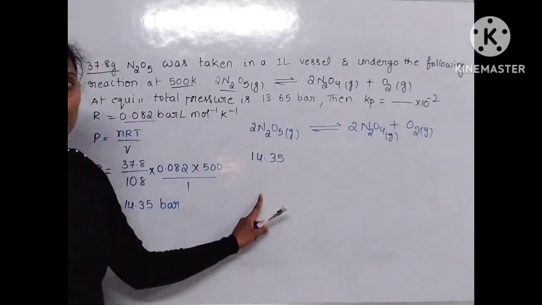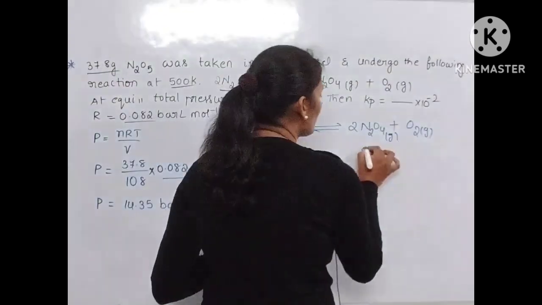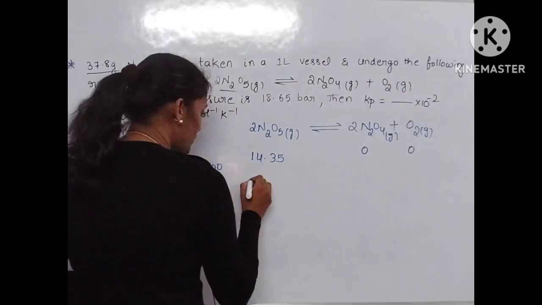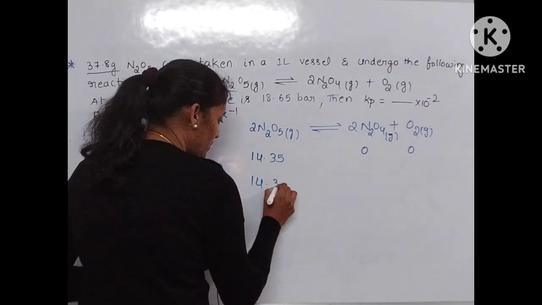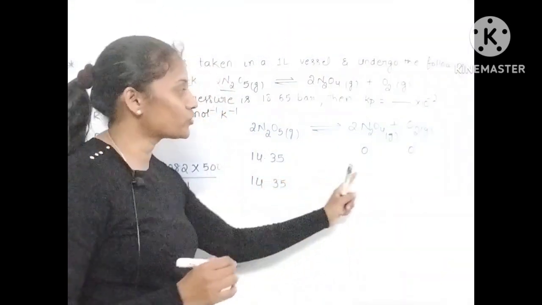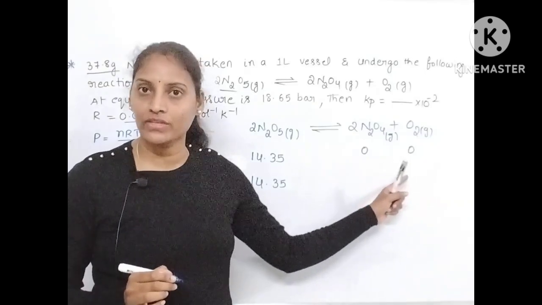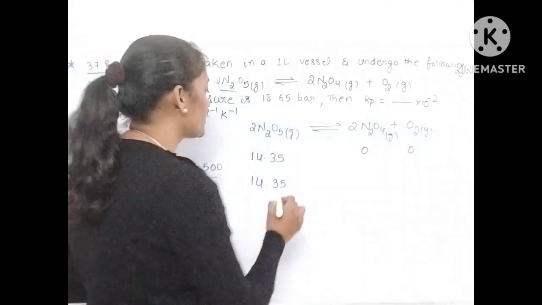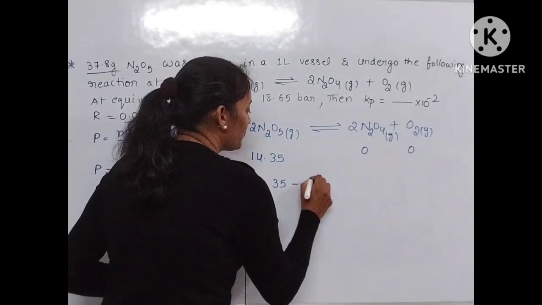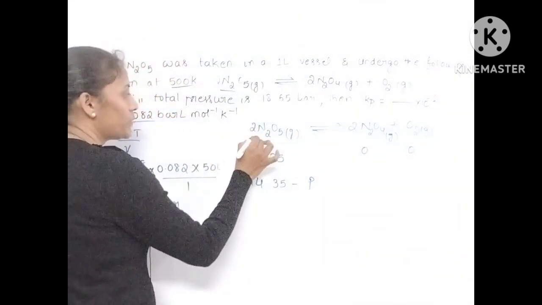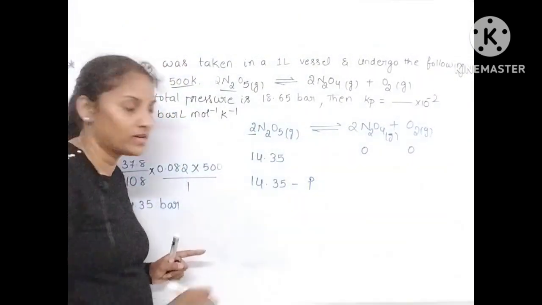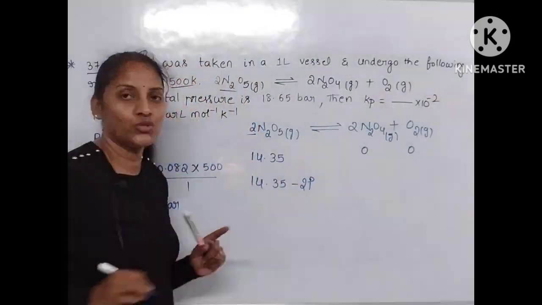So this is 0 and this is also 0. Then after some time, pressure is going to be converted into N2O4 and O2. Imagine that pressure is P. So P becomes 2P because 2 moles are there, so this is 2P.